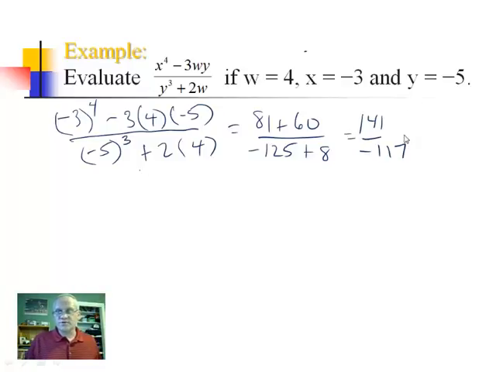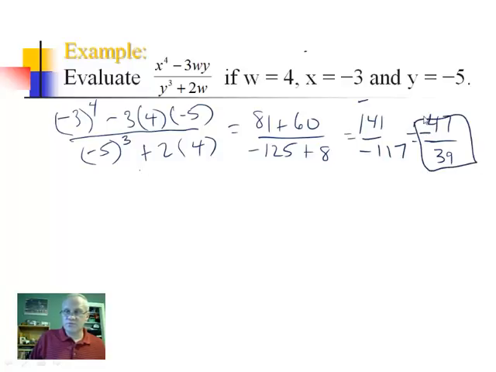Most of your homework isn't going to be this bad. But you can divide both of these by 3, it looks like. So when you simplify it here, 141 divided by 3 is 47. And then 117 divided by 3 is 39. So it's going to be a negative, well, let me put it up here. You get the idea. Negative 47 over 39. All right?